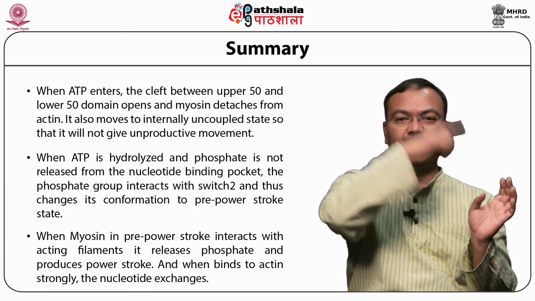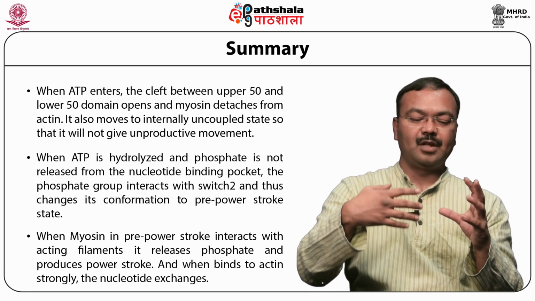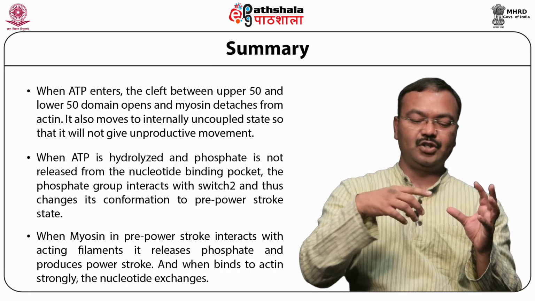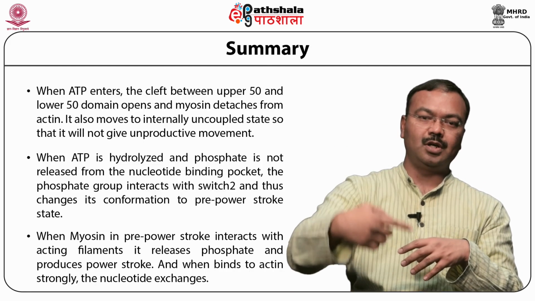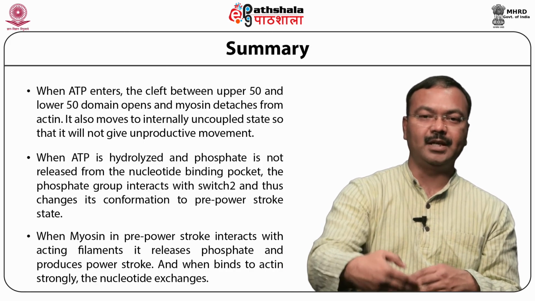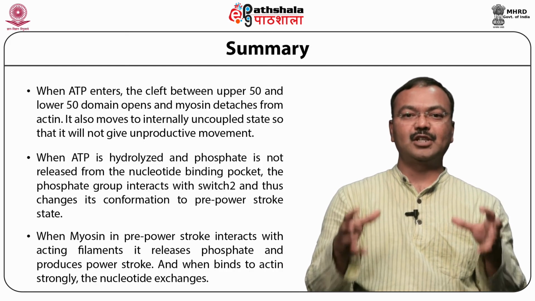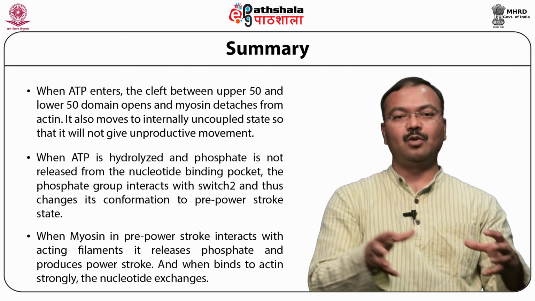And this cycle continues to give the myosin movement. So each time a nucleotide is exchanged, myosin goes through this cycle of events and takes one step at a time. So these structural changes explain the myosin motor function.